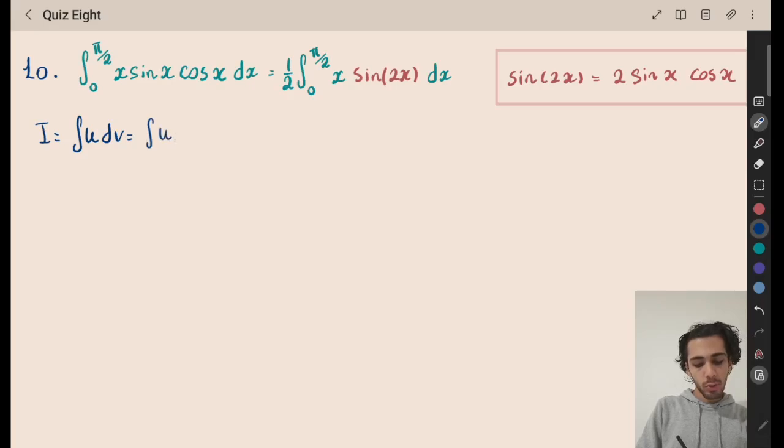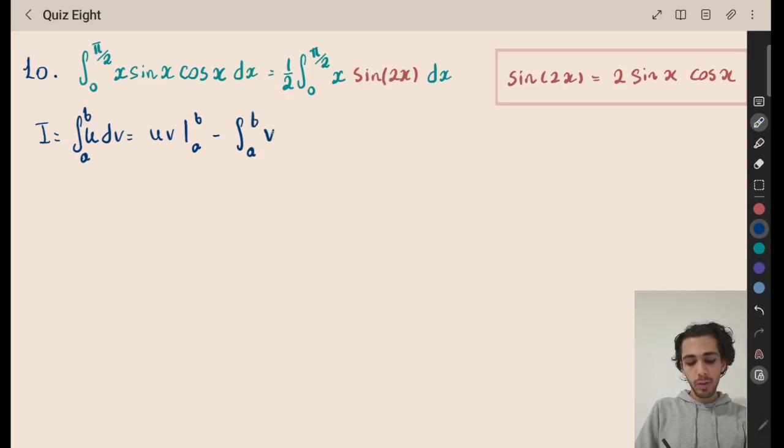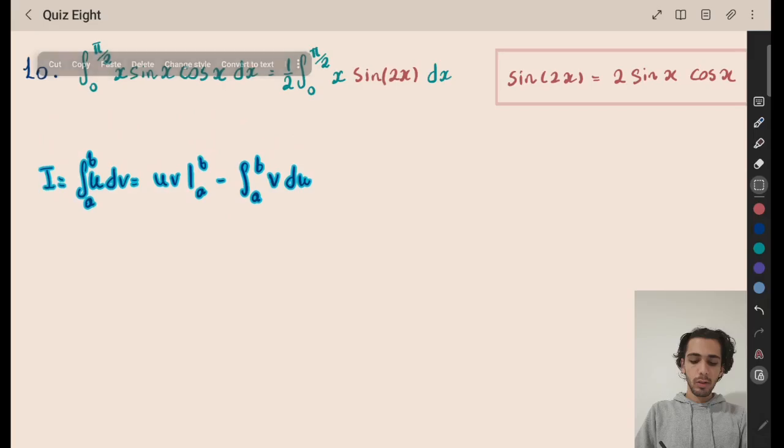It's equal to uv. If it's a definite integral, you need to sub in the values. It's uv from a to b minus the integral from a to b of v du. Now here it is obvious that if we take the derivative of x, we get 1. So that's very nice.